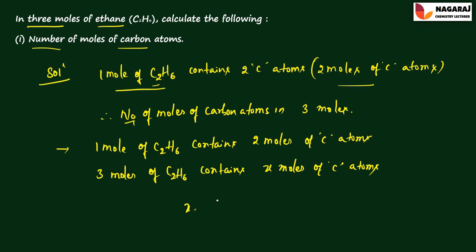So X is equal to 3 into 2 divided by 1, that is equal to 6 moles of carbon atoms.